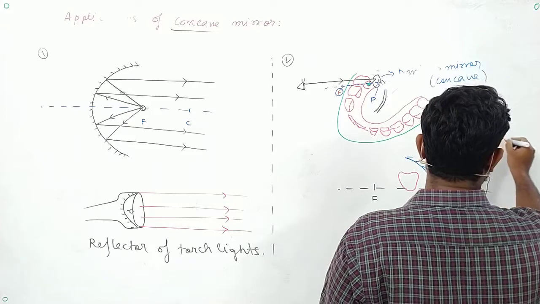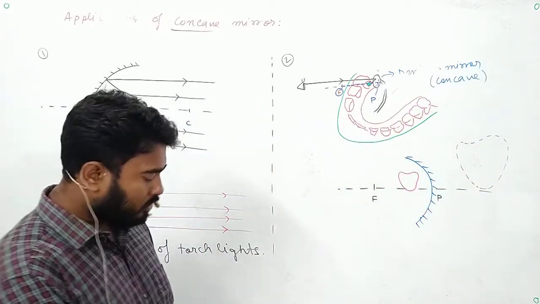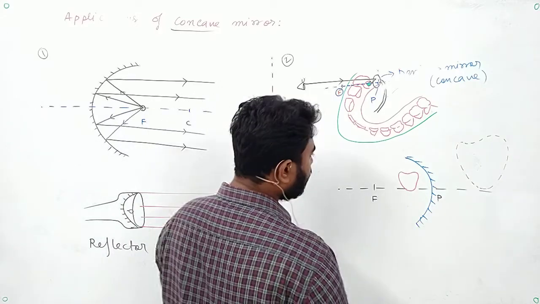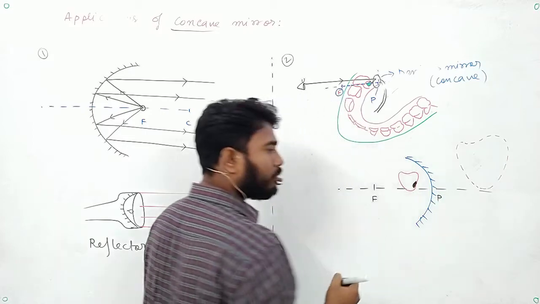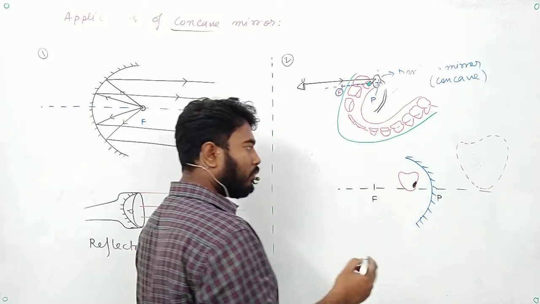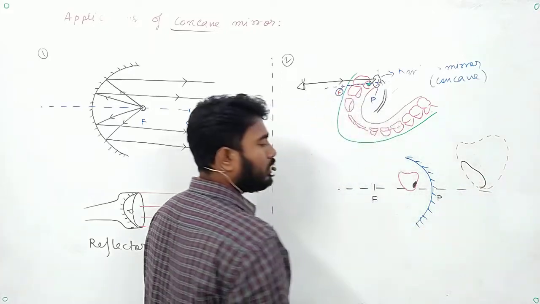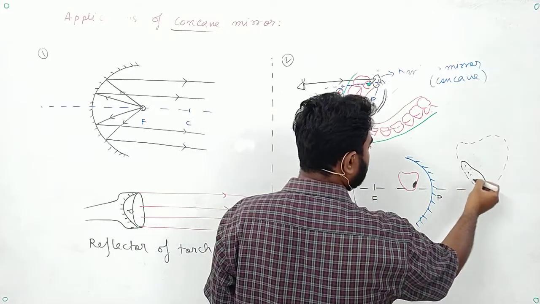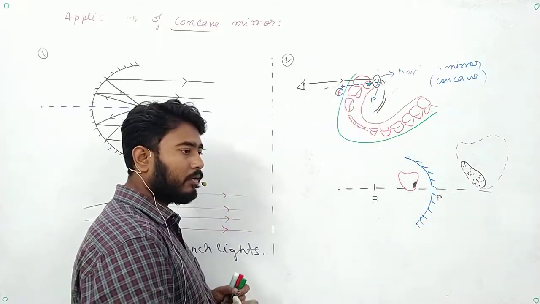and your teeth will appear larger to him. Now suppose your teeth have a problem here. What will he see? He will see the problem in magnified form. Clear?